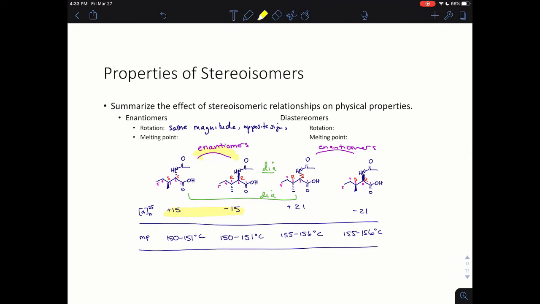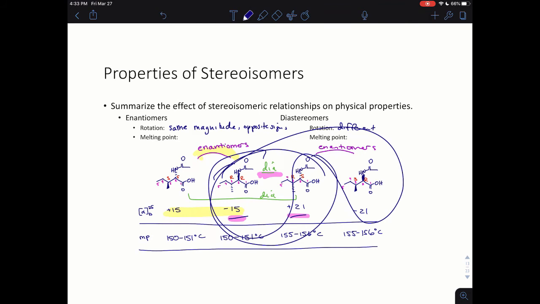Okay, what can we say about diastereomers? Well, we've already been saying this. Diastereomers are different. And they have different optical rotations in a way that you can't really predict. This set of diastereomers has different magnitude and sign, but we have this set of diastereomers. They have the same sign, but different magnitude. They're different. That's the bottom line.